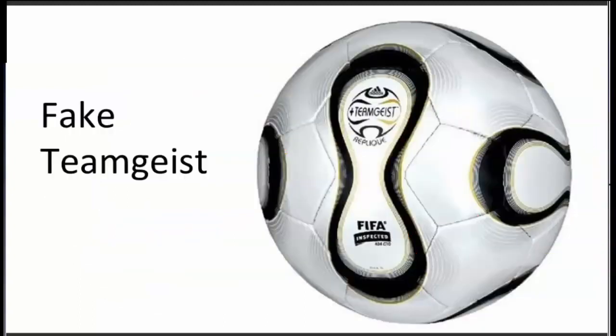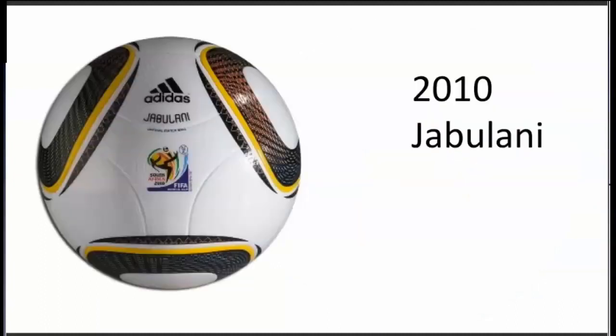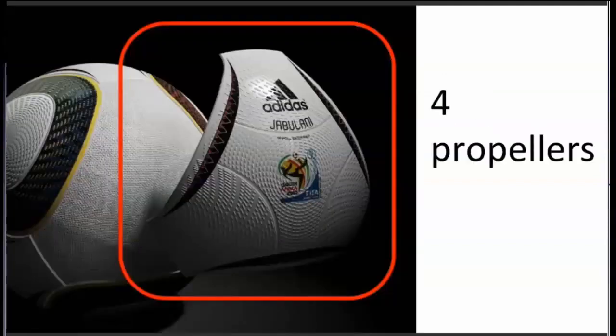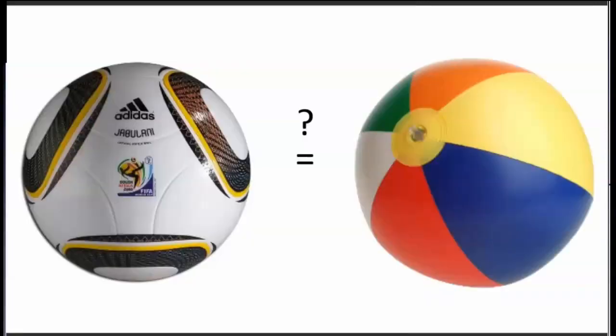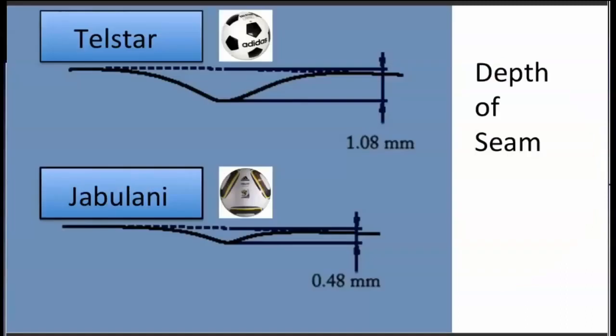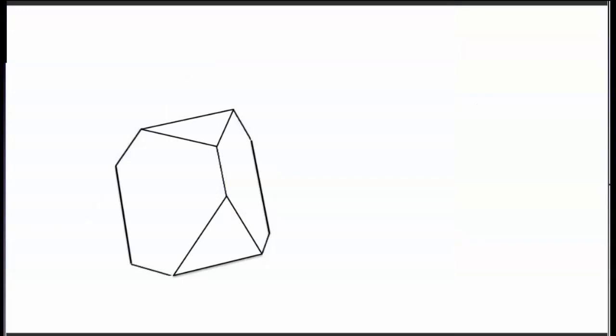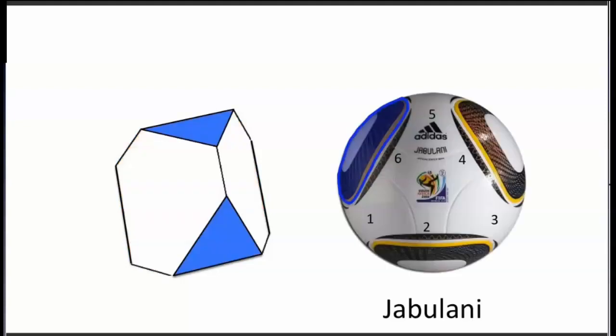And don't be fooled by a fake Teamgeist, which prints the Teamgeist pattern onto a Telstar design. In 2010, the South African World Cup introduced the Jabulani. While a casual look suggests that there are many panels, there are really only 8. 4 round panels and 4 propellers. This ball was also criticized for beach ball-like flight, possibly due to its shallow seams. For its design, start with the tetrahedron and truncate the 4 corners to produce 4 triangular faces and 4 hexagonal faces. Identifying the triangles with the ovals and the hexagons with the propellers, then reshaping produces the Jabulani.